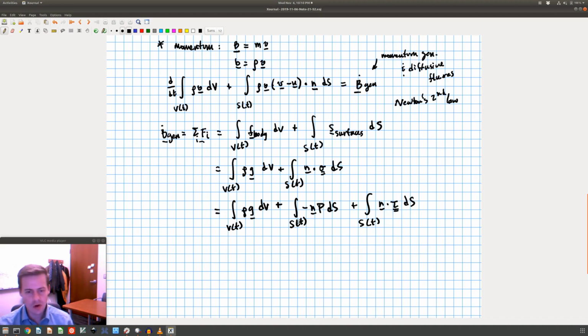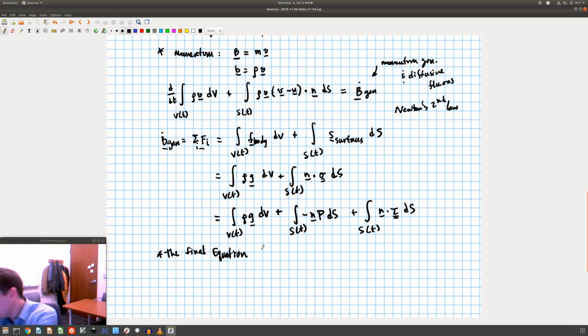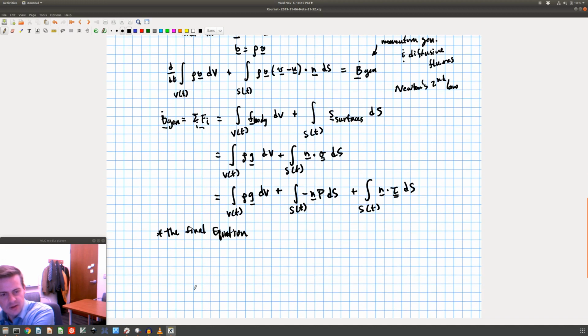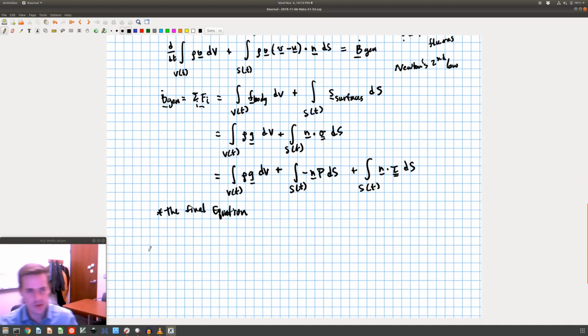Okay, so those are all the pieces. If I write that all down, it's kind of a mouthful. Here's the final equation for the integral balance. I need to take this piece and that piece and add on these three pieces. So let me see if I can get enough screen to write that down.